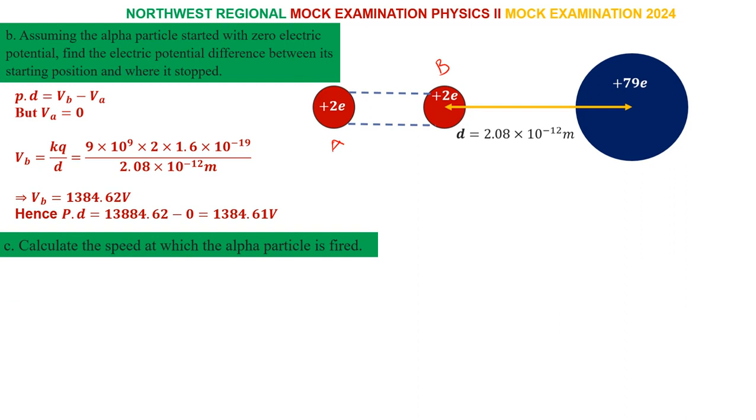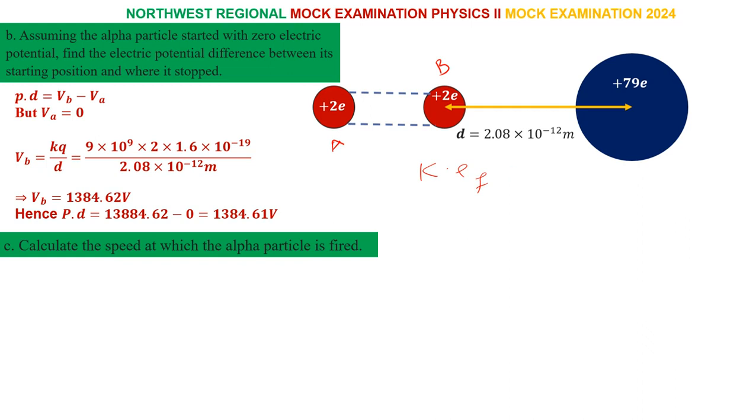C says calculate the speed at which the alpha particles move or is fired. When the alpha particle was fired, it had kinetic energy. But when the repulsive force between the gold nucleus and the alpha particle was strong enough, it brought it to momentary rest, and so its final kinetic energy became 0.